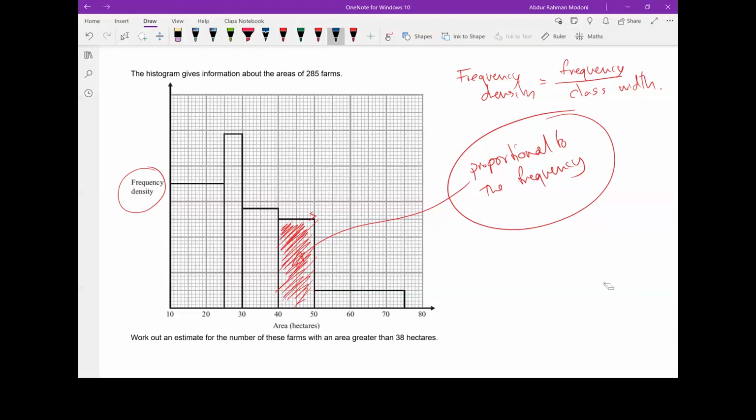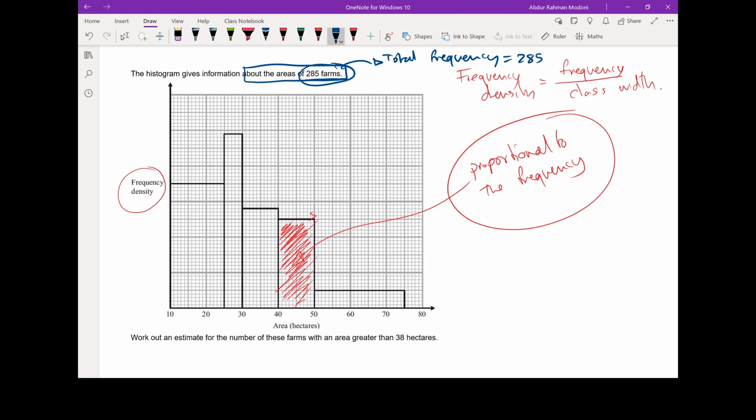It starts off by saying the histogram gives information about the areas of 285 farms. That basically means that the total frequency we have here is equal to 285. That's really important.